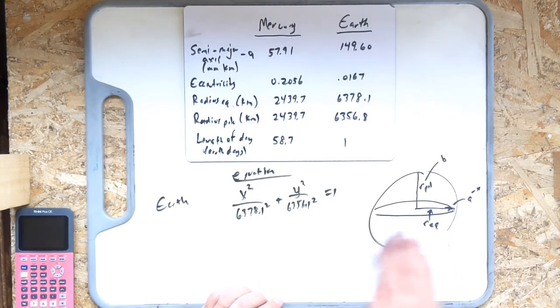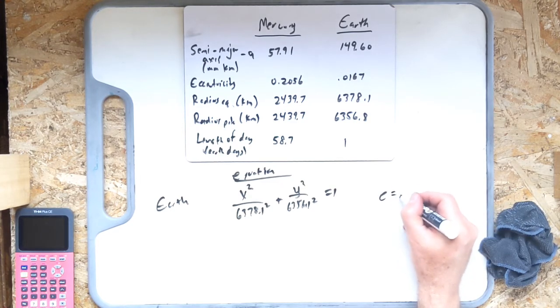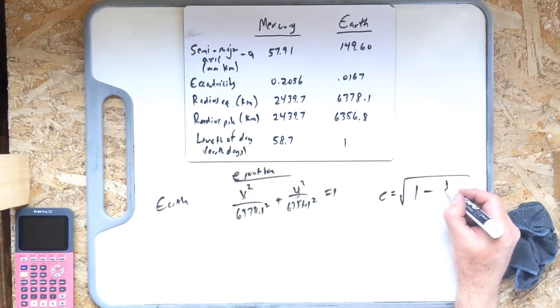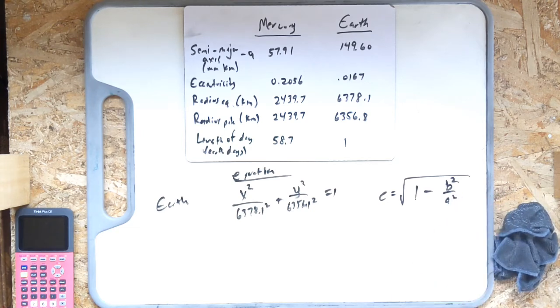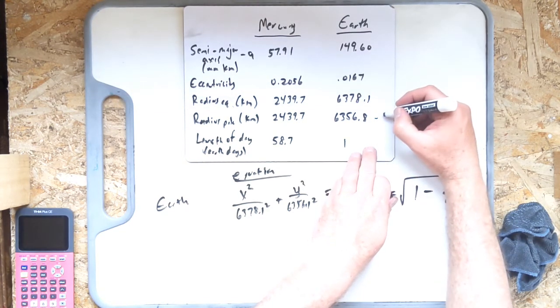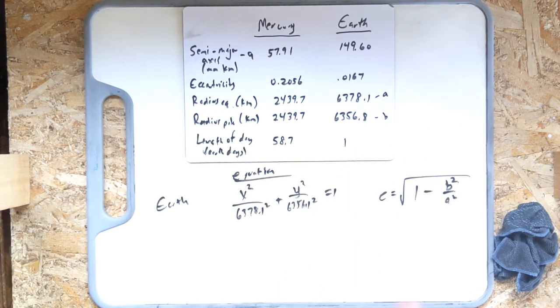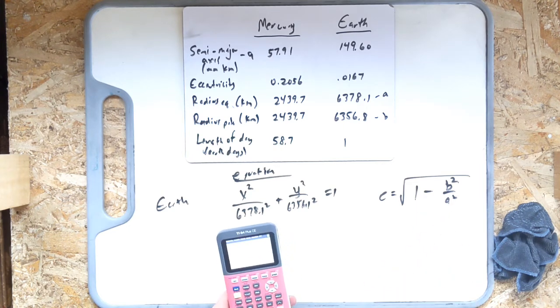Now let's do eccentricity. I'm now going to use that equation I had before, which is E equals the square root of 1 minus B squared over A squared. Okay, so let's just put some numbers in. For the Earth, this is up here, 6356 is B, and this is A. Notice that B has to be smaller than A. It is by definition, but if it isn't, this number will be negative inside here.